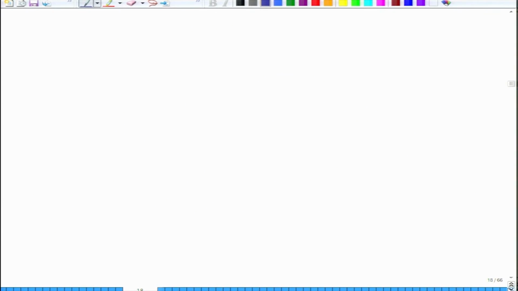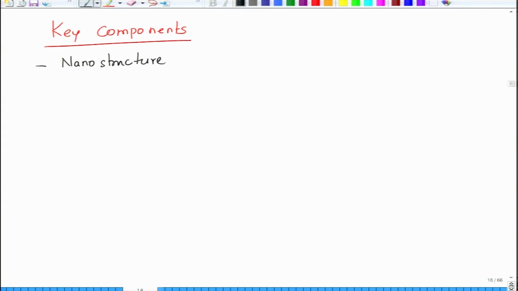So what are the key components in this? It is a very simple concept. The key components in this solar cell are, first, you must have a nanostructured TiO2, which is also called a photoelectrode, in contact with dye.